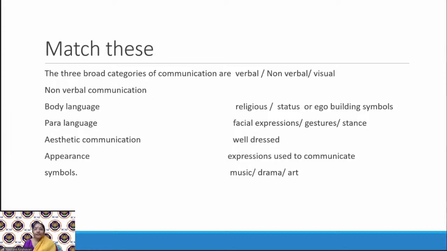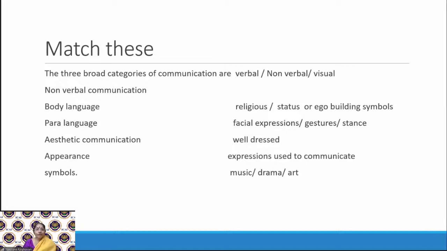The three broad categories of communication are verbal, non-verbal, and visual. Verbal is using words to communicate, right? Non-verbal is communication without words. Visual is communication that happens just by seeing.